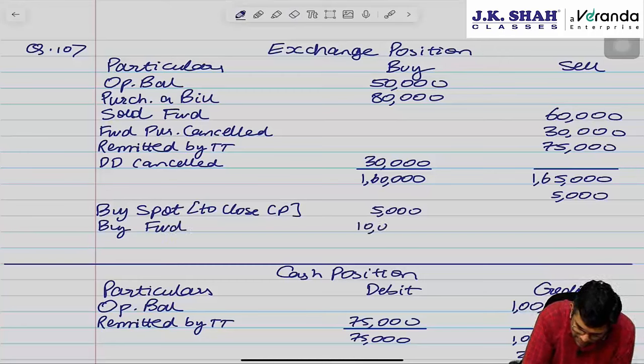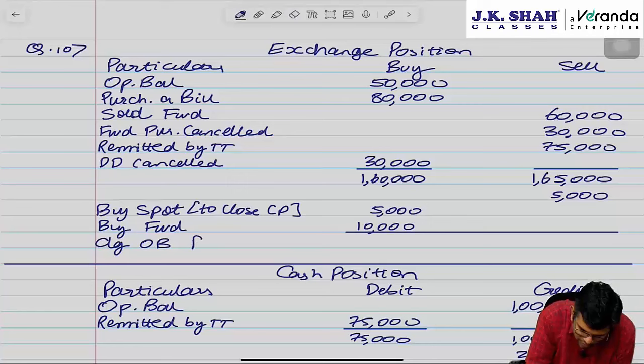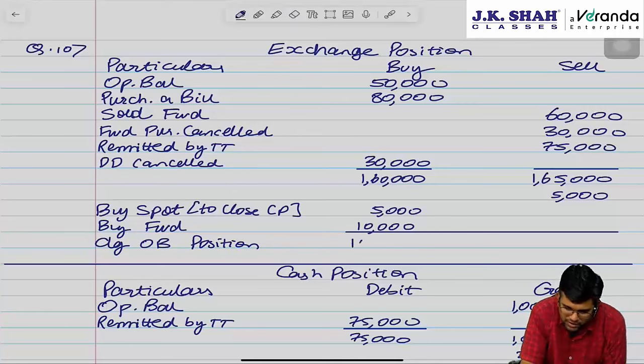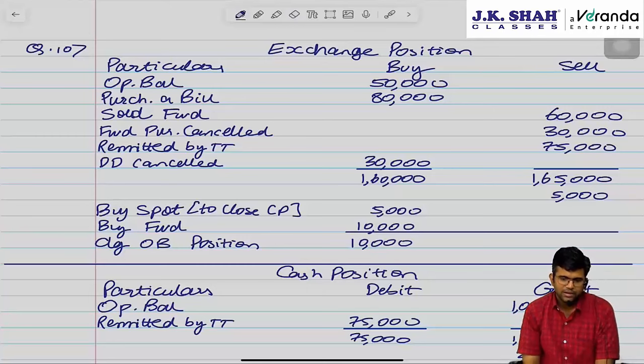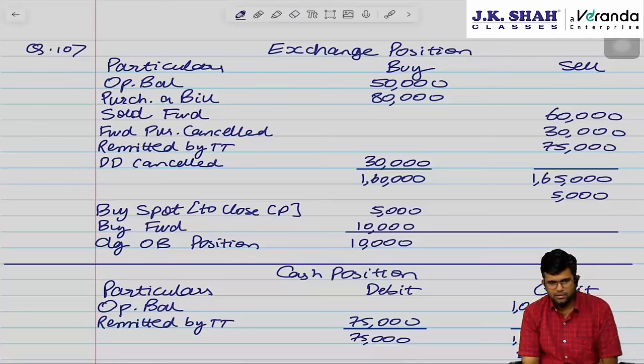Okay, 10,000. And this, do you realize, will then give you your closing overbought position. Everyone clear? Closing overbought position is how much? 10,000. Story clear? Closing overbought position 10,000. Done?